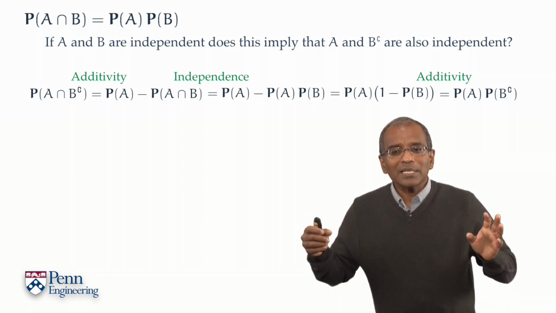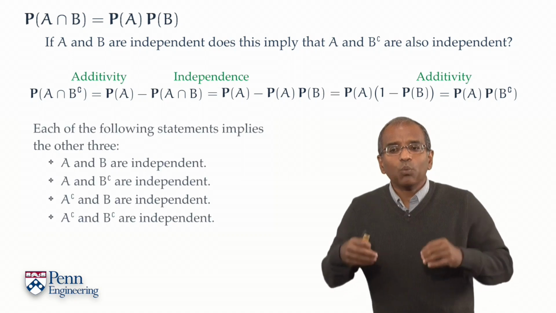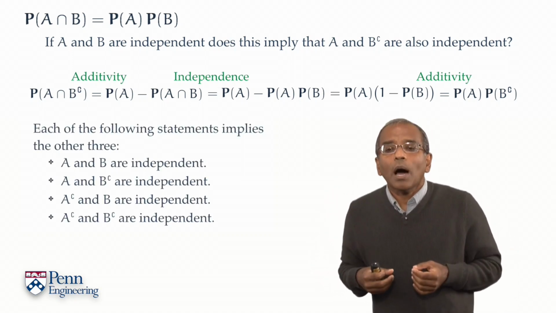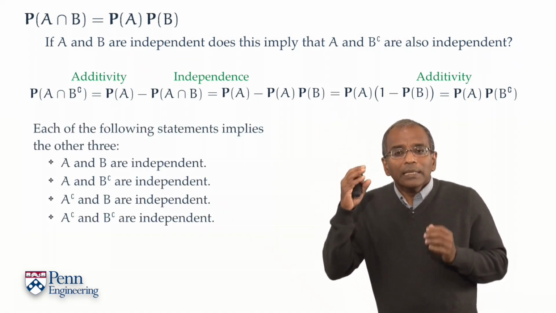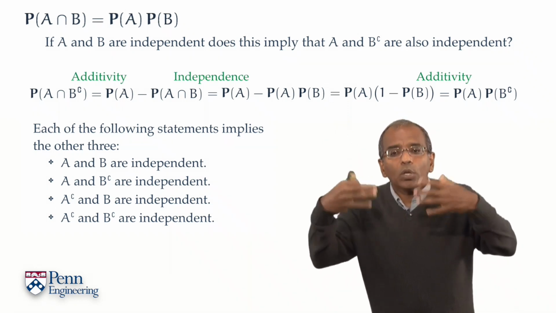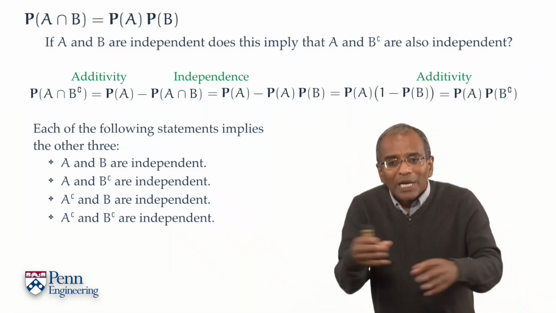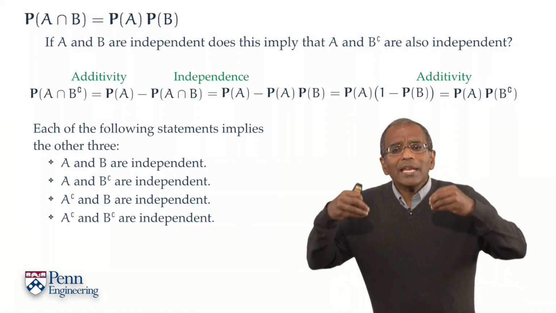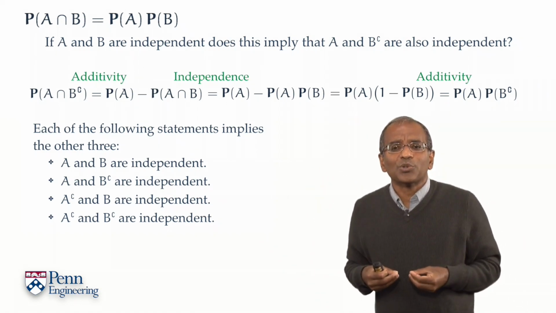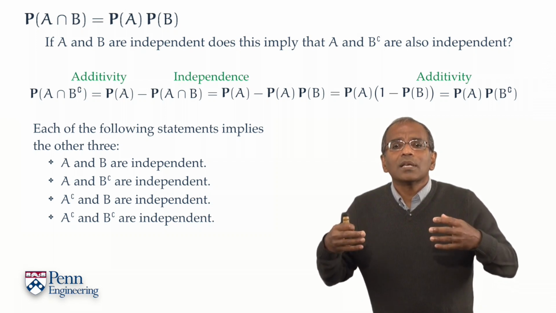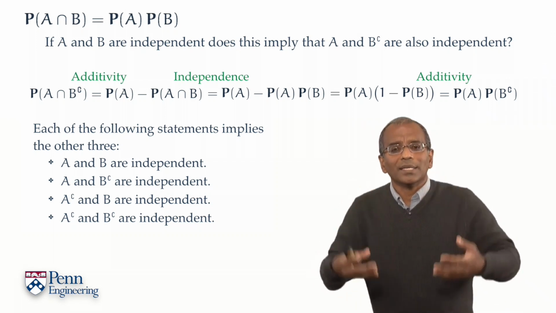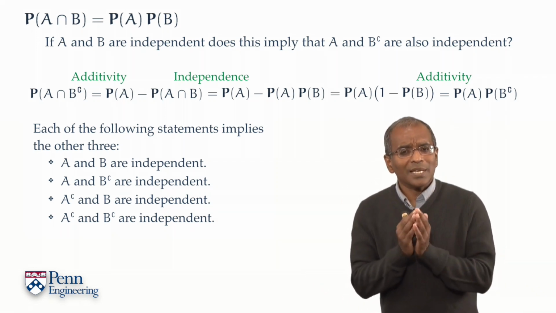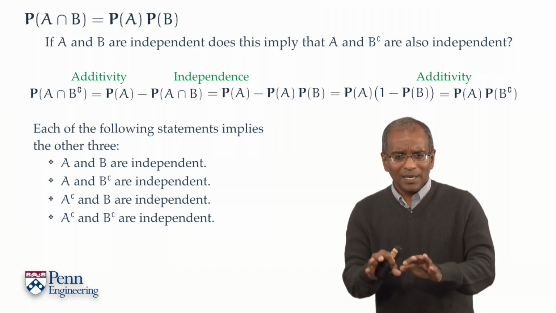What we just discovered is that one identity, that one rule of products on your upper left, implies all the other rules of products for various complement conjunctions. And therefore, any one of these independence relations implies the truth of all the others. Oh, this is very nice.